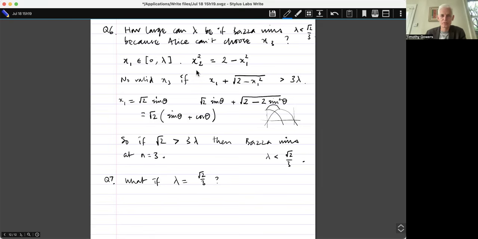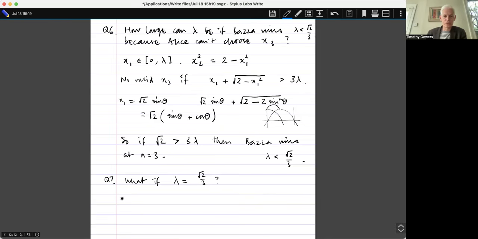So we've got x1 plus root of 2 minus x1 squared. That's strictly bigger than root 2, because of this little calculation here. Then that number will be bigger than 3 lambda, and there'll be no valid x3.